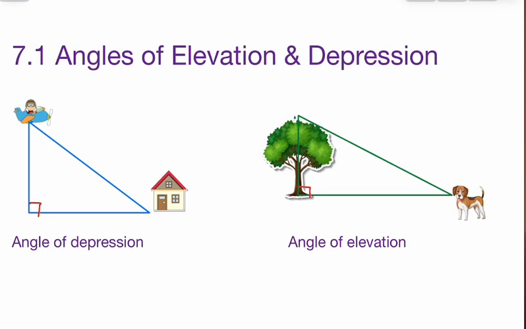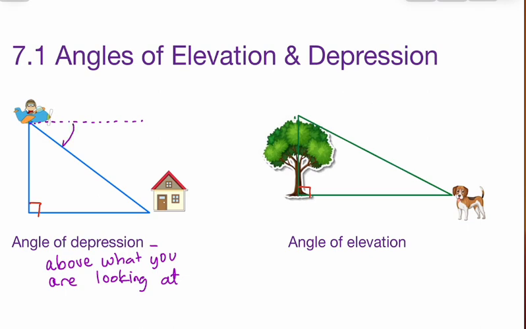So an angle of depression, you are above what you are looking at. So if this little guy flying his airplane is looking straight forward, the angle of depression is how much he needs to drop his eyes in order to see the dog's house there on the ground.